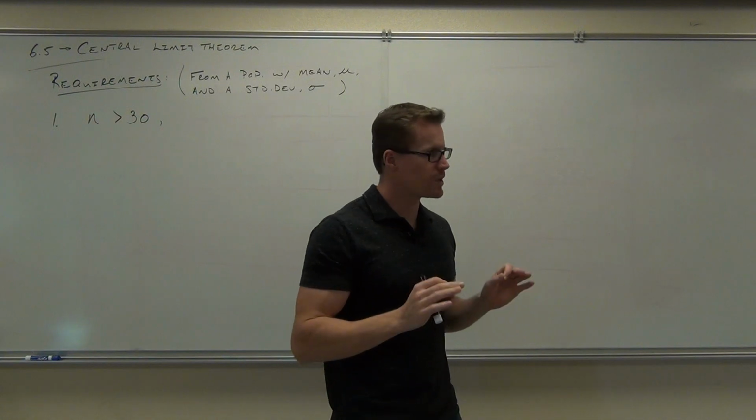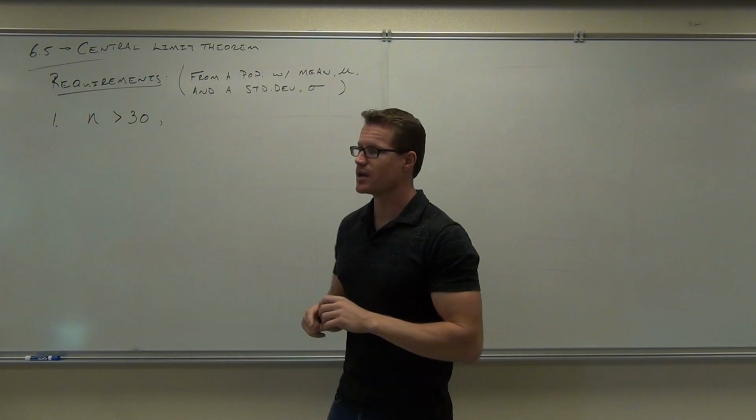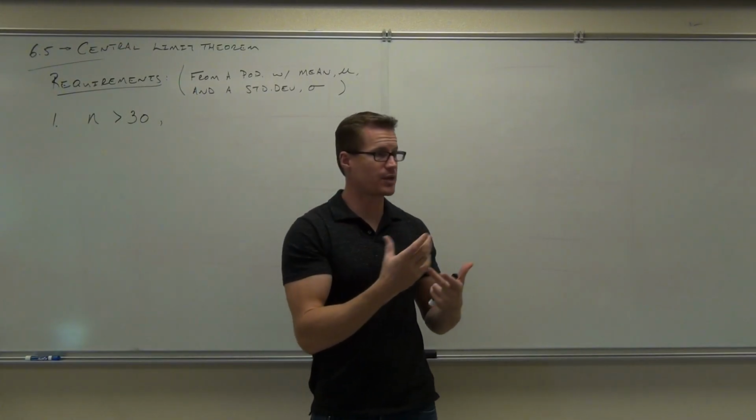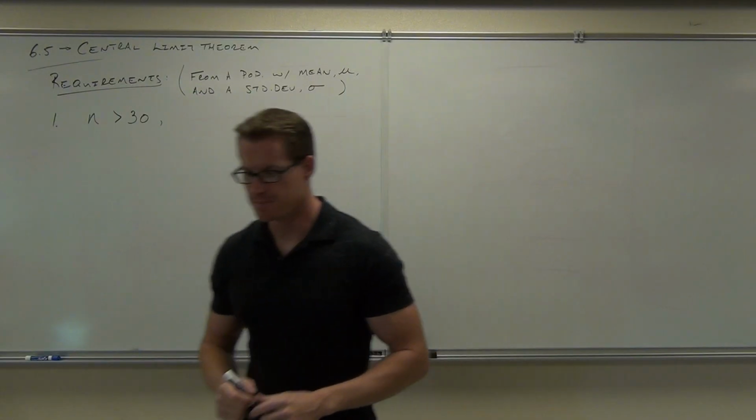So no matter what type of population you have, if you take a sample size of greater than 30, and you organize every possible sample that you took, find the statistics for each one in a table, it's going to be normally distributed.